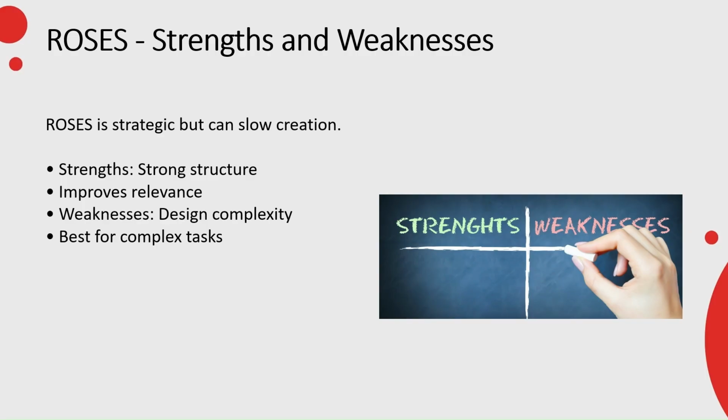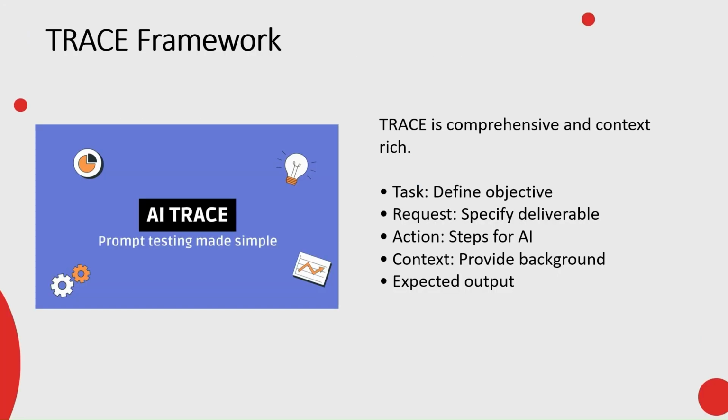And the last one that I want to show you is called TRACE. This means task, request, action, context, and expected output. Now, this is our final one and is the most comprehensive, including action and request as a separate step to ensure that the AI knows exactly what the final deliverable should be.